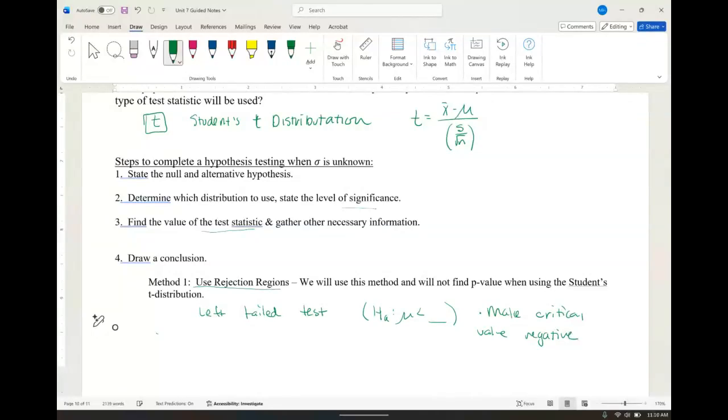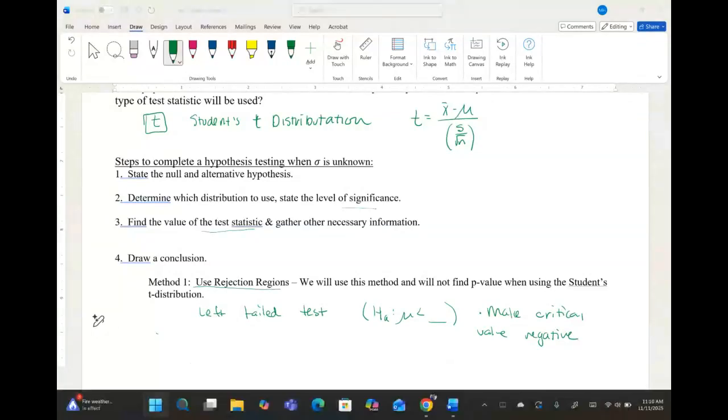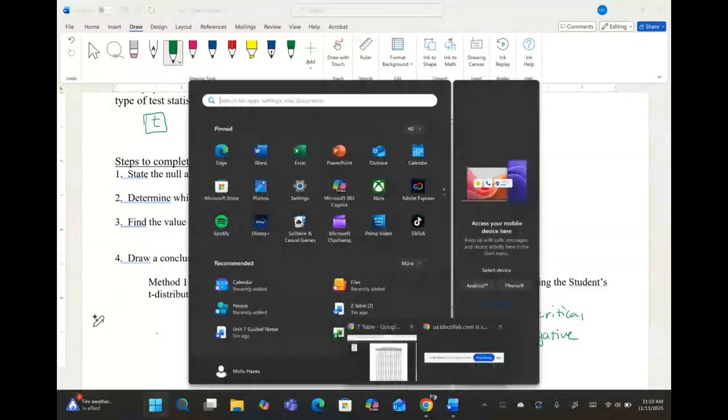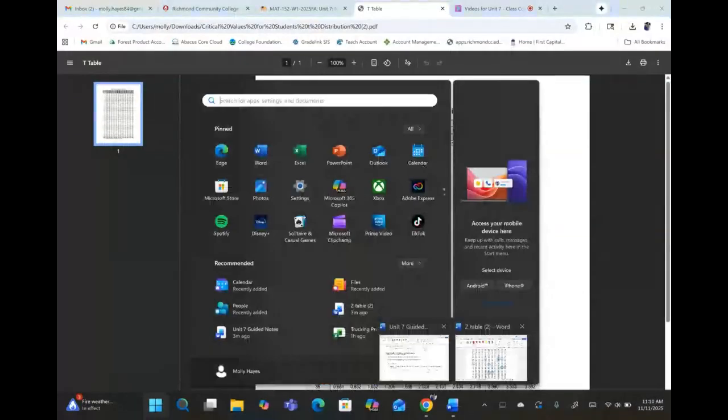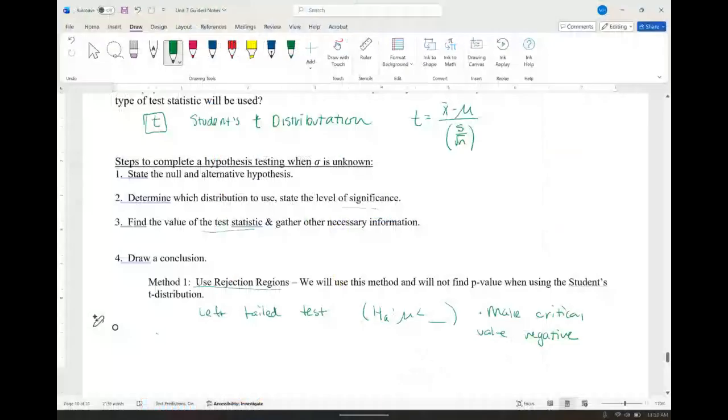On our table that we have for the critical values, they are all positive. But if something's a left-tailed test, we'll just throw a negative sign in front of it.